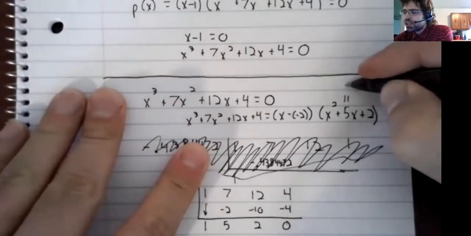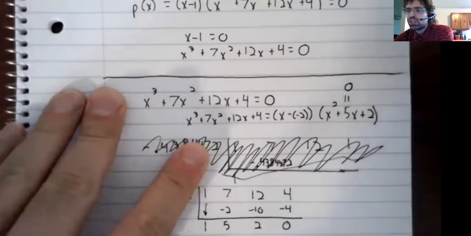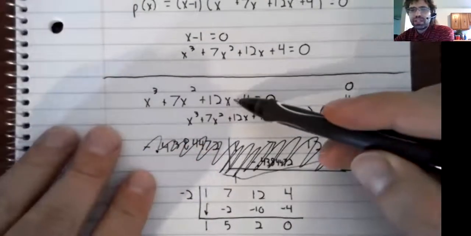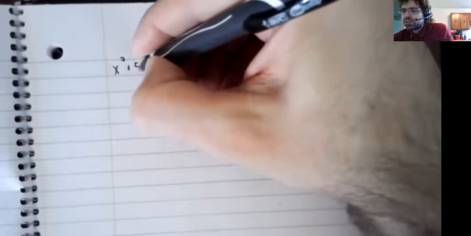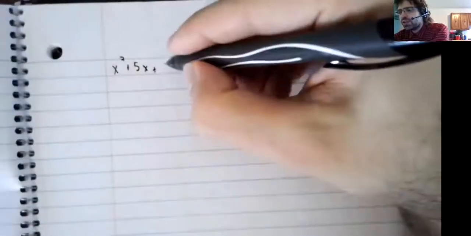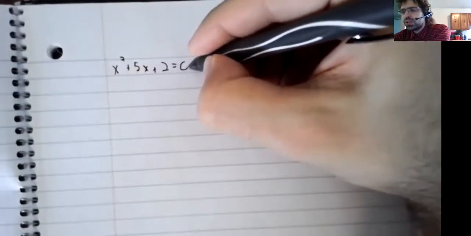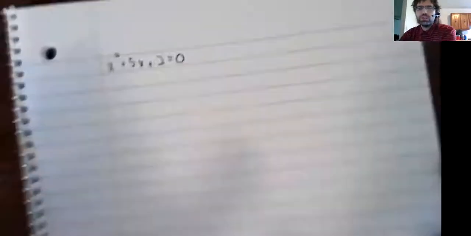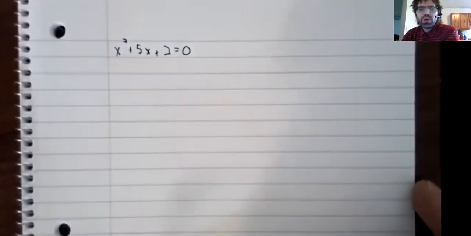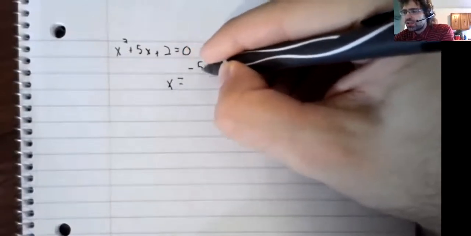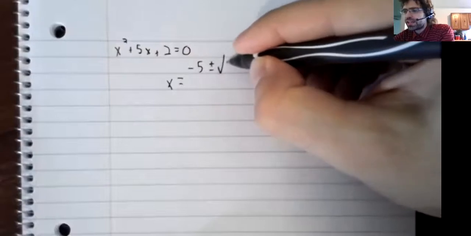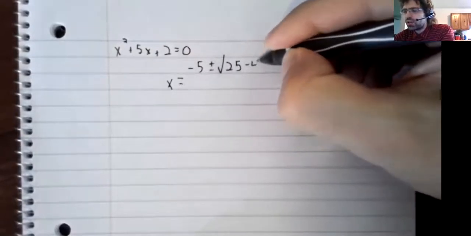We are setting this polynomial equal to 0, just like we did here, but x squared plus 5x plus 2 equals 0 does not require any fancy division tricks or technological assistance. We can use the quadratic formula here.